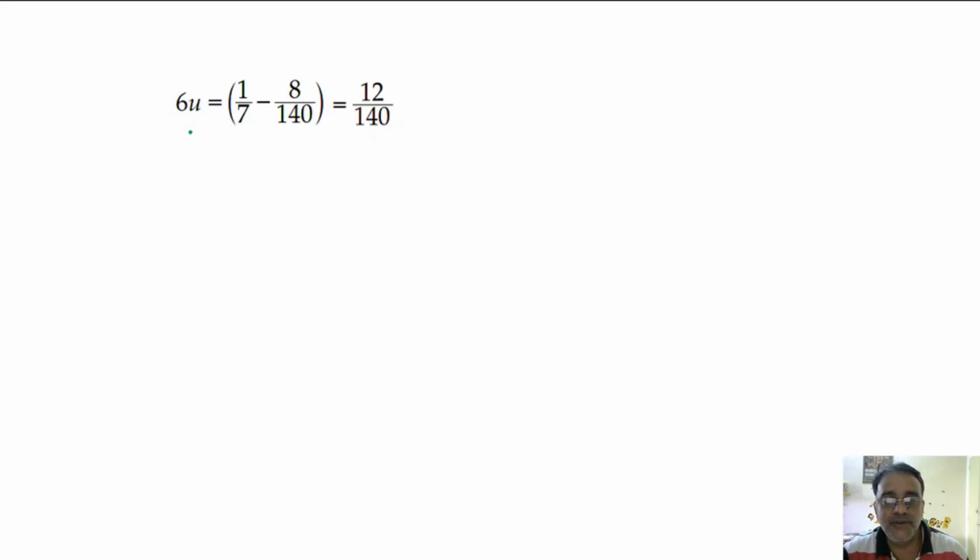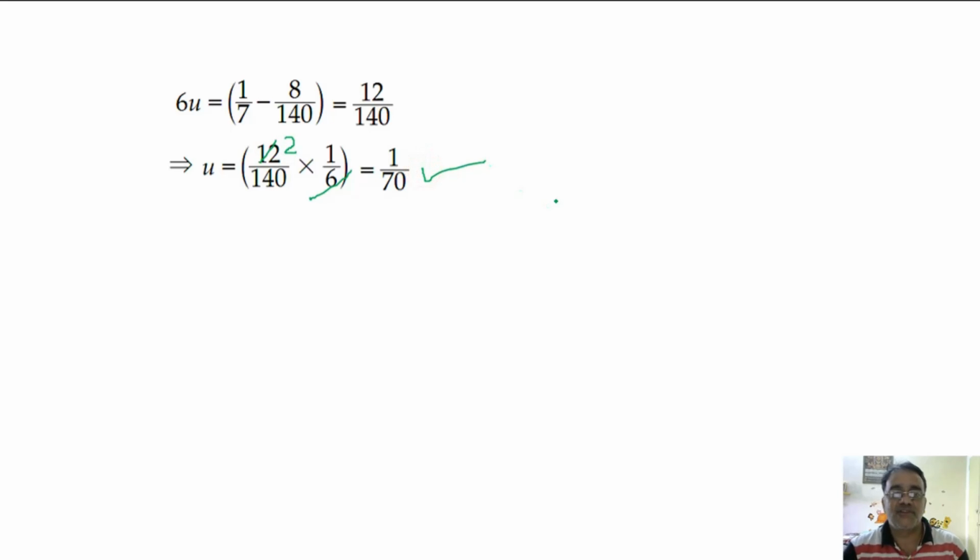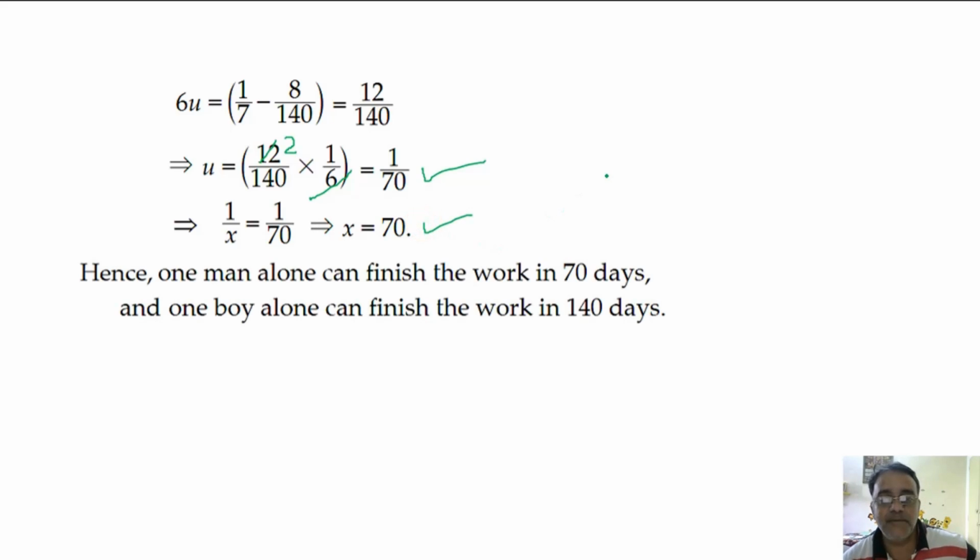So u is equal to 12 upon 140 into 1 upon 6. इसको 2 से कैंसिल कर लो और ये हो जाएगा 1 upon 70. So u is 1 upon x, sorry, and x is equal to 70. Hence, one man alone can finish the work in 70 days, and one boy alone can finish the work in 140 days. Any doubt in this question?